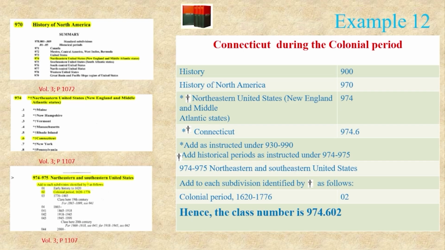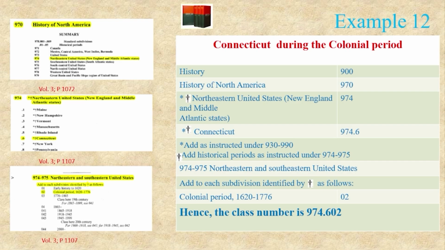History falls under 900, then history of North America 970. Then Northeastern United States, New England and Middle Atlantic States, falls under 974. And then Connecticut falls under 974.6.